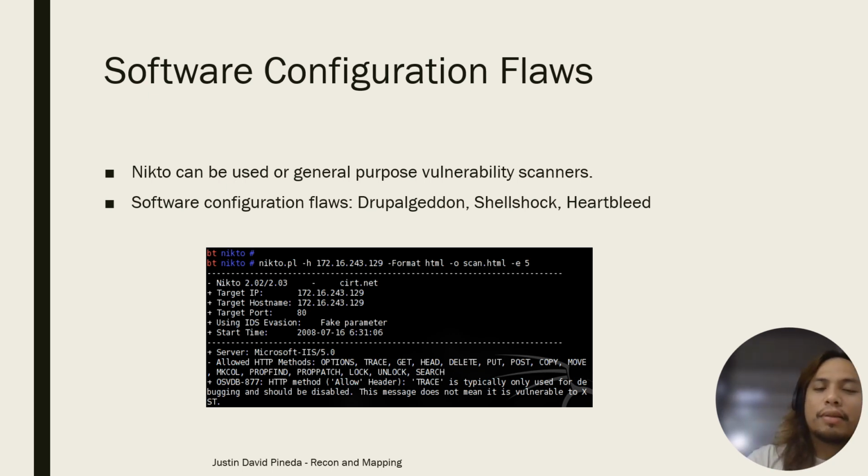Going back to the HTTP methods, and then some of the known configuration flaws like Drupalgeddon, Shellshock, Heartbleed, some of which will appear in SSL Labs, but when you use your scanner, it's more updated, more recent. Right? Because you're doing it today, the results are as of today.